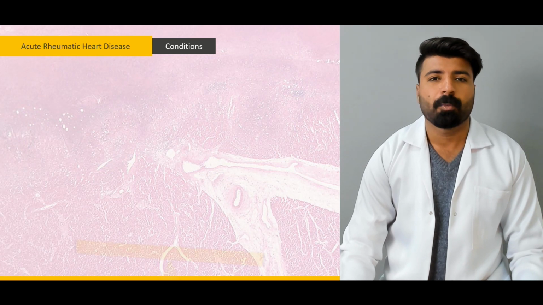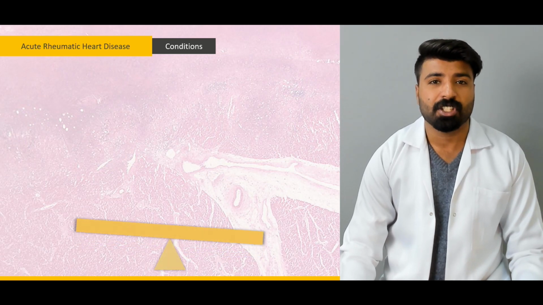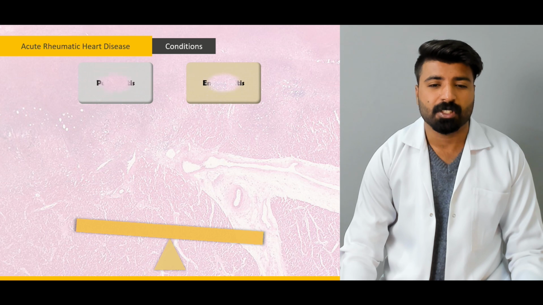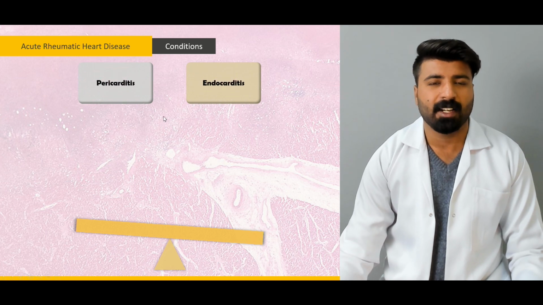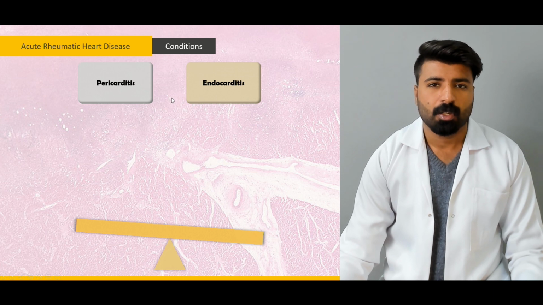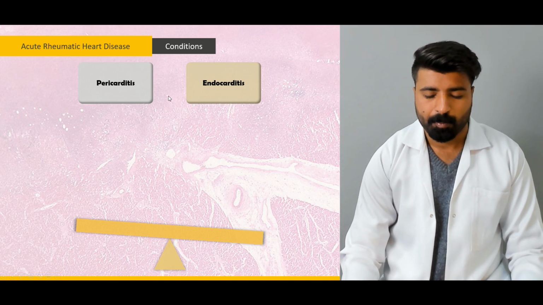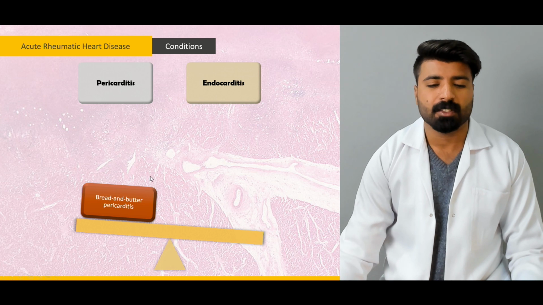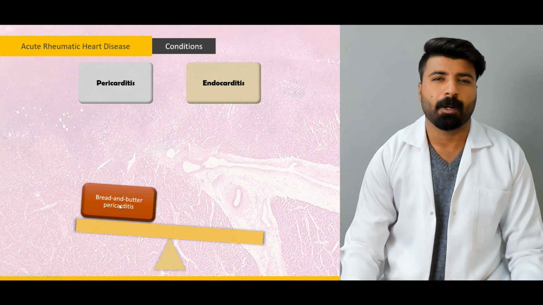Next, we have acute rheumatic heart disease and its conditions. We just talked about those conditions, pericarditis and endocarditis. Now let's talk about both of them and their comparison. First of all, in pericarditis, we have bread and butter pericarditis. What's bread and butter pericarditis?